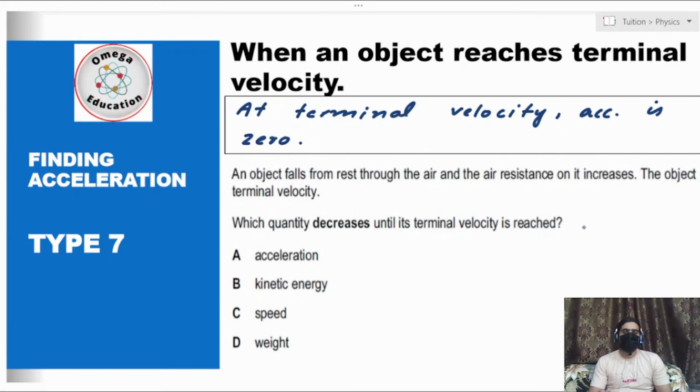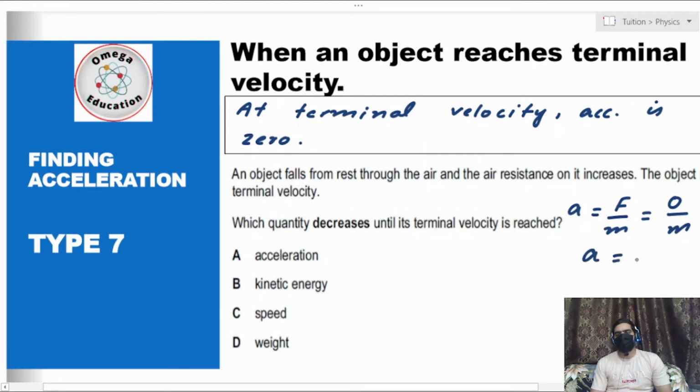And in that case, the acceleration would also be 0, because if you apply the formula a equals F over m, and F represents the resultant force, and the resultant force is 0, then 0 divided by anything, the answer would be 0. So at terminal velocity, acceleration of an object is 0. Just memorize it as a fact.